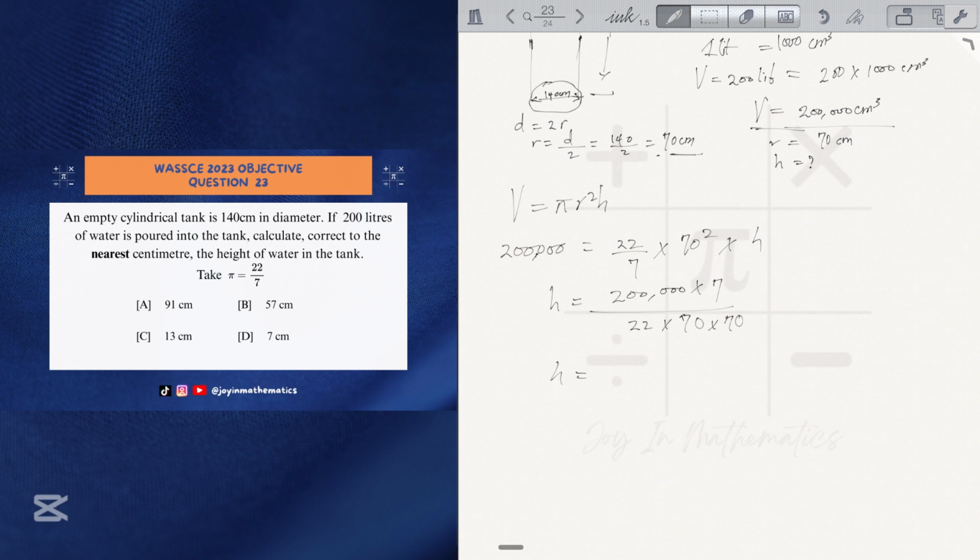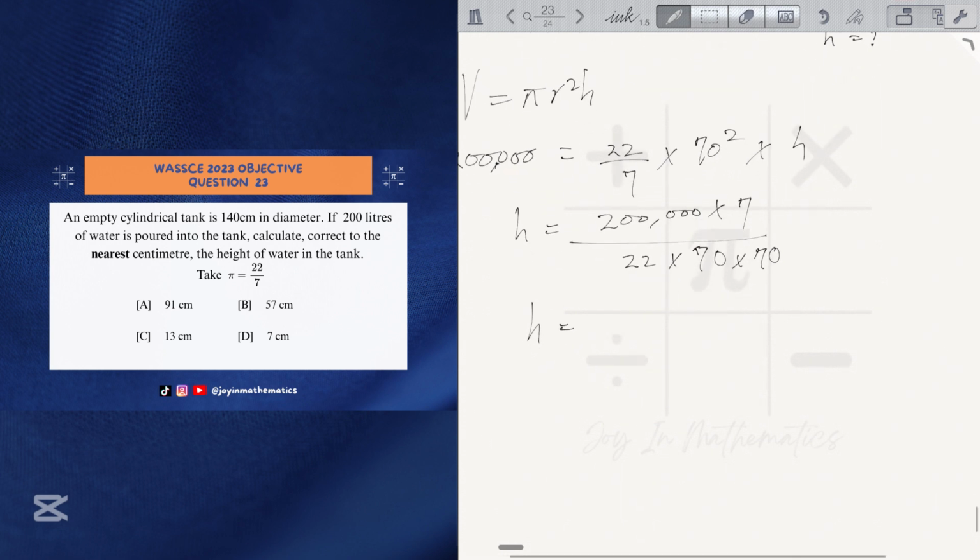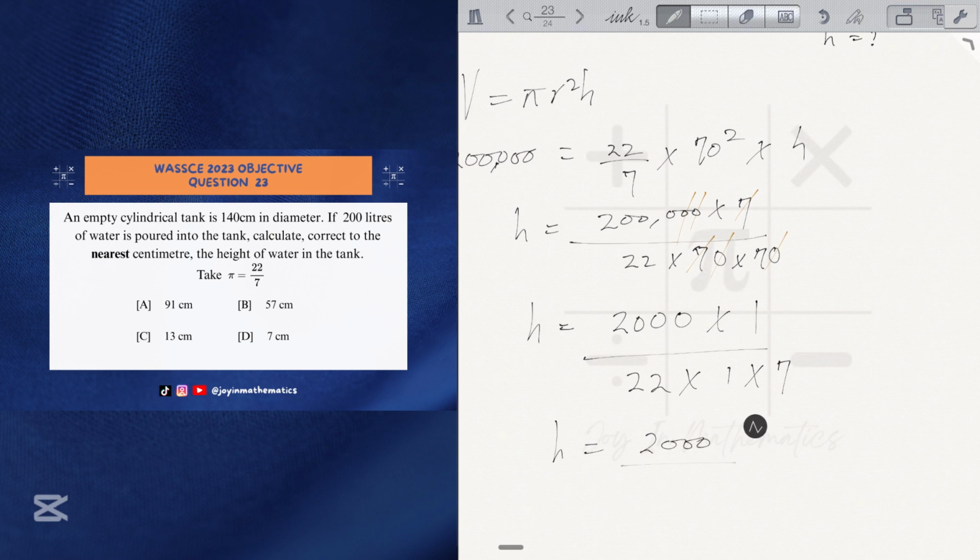If we make our elimination properly, we'll be left with 2000 multiplied by 1 divided by 22 multiplied by 10, multiplied by 1 multiplied by 7. The 7 will nullify the 7, this 10 will be nullified, and this 10 here will be nullified here. So in view of that, we have h equal to 2000 divided by 22 multiplied by 7.